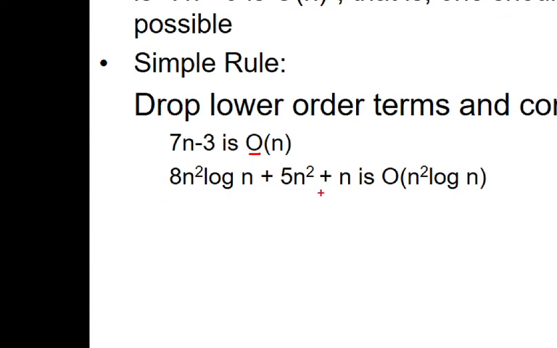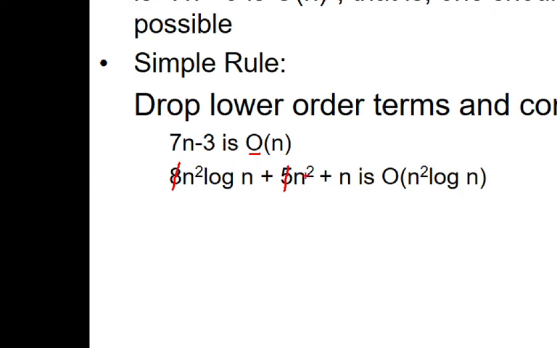Now among these three, n is the smallest, and n square is a bigger value, which is multiplied by 5. But again, I can make you recall that this 5 is going to be removed, this 8 is going to be removed, right? So here n is the smallest, we cannot consider it.